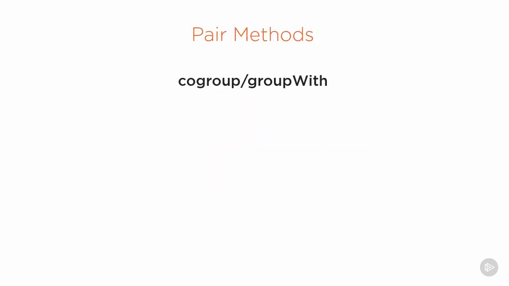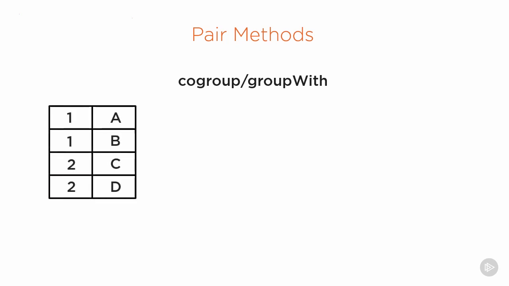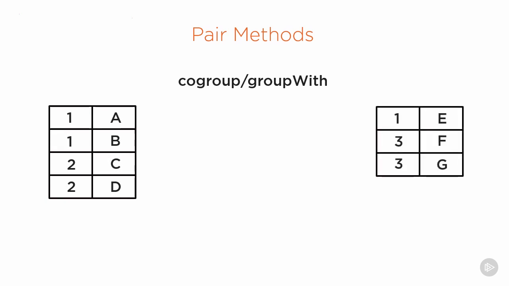There's one other data joining method that's similar but not quite as SQL-esque, named cogroup or groupWith. Both are the same method, just differing names. This method takes your pair RDD and, as the name suggests, cogroups it with another pair RDD.